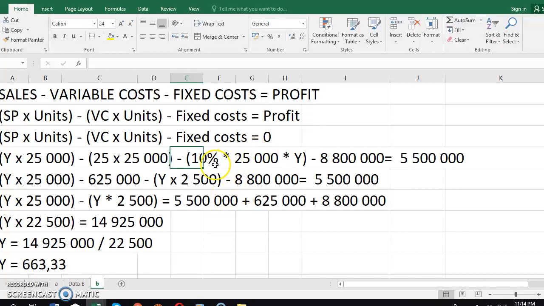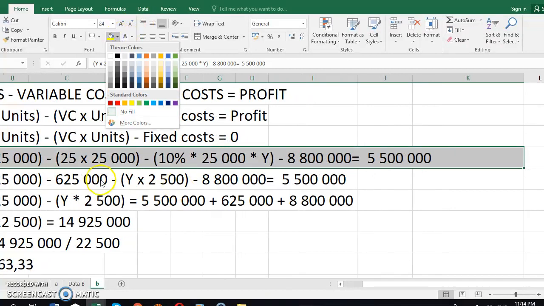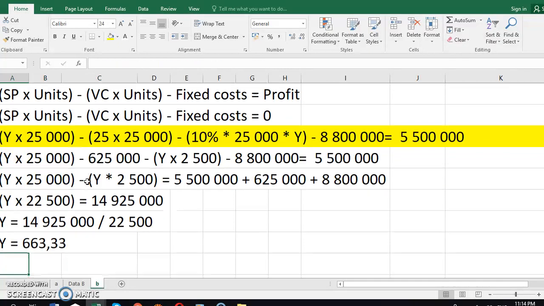So that's why it's 10% times Y, and then you multiply with the number of tickets. And then I minus the fixed cost, and it needs to equal 5.5 million. And once you have this row correct, it's basically a matter of solving for X or Y in this case. And once you solve for Y, you'll see we need to get a ticket price of 663.33 rand.